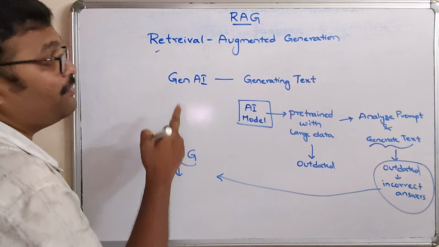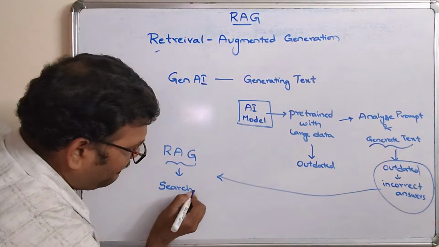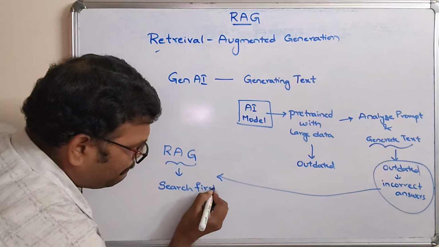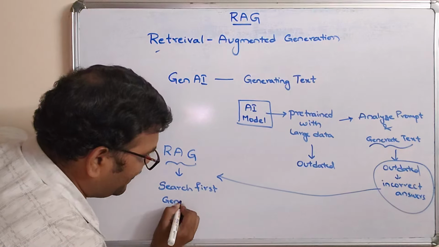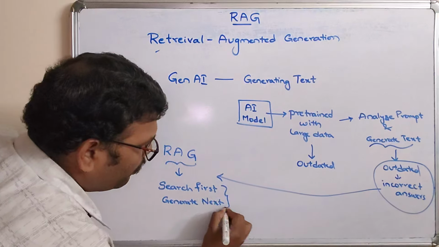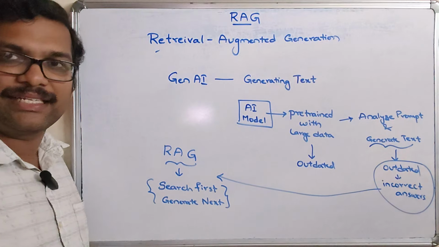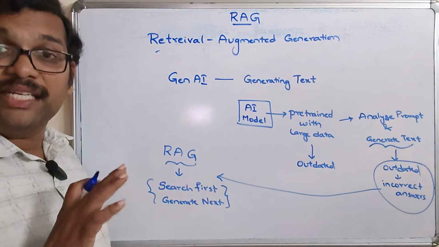The name itself indicates it: search first, generate next. So the working of RAG is search first and generate next. It doesn't immediately generate the text.